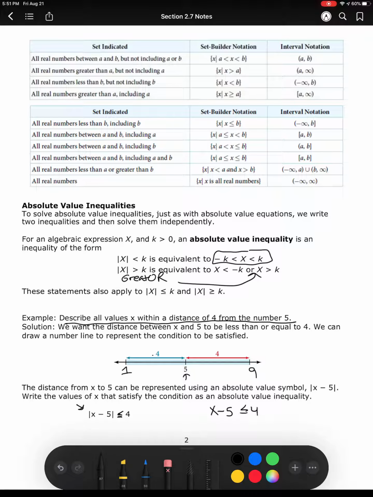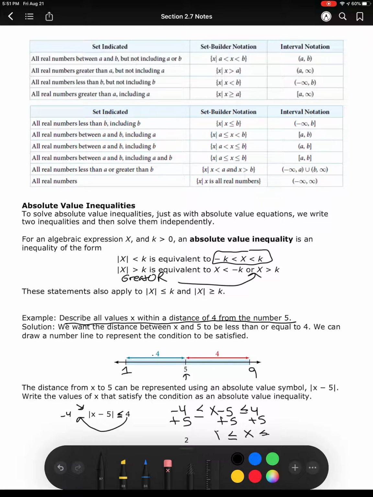So this is going to be x minus 5 is less than or equal to 4 and greater than or equal to negative 4. So you take the 4 and you put it on the other end and make it negative. And then we add 5 in the middle, just like we did in that other problem. And we have to add 5 on the ends.